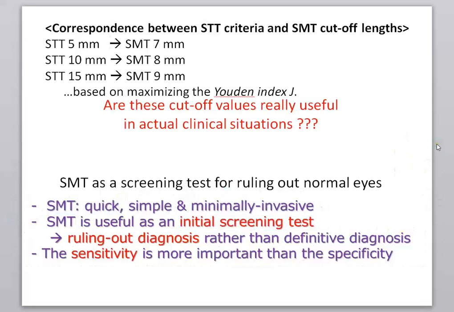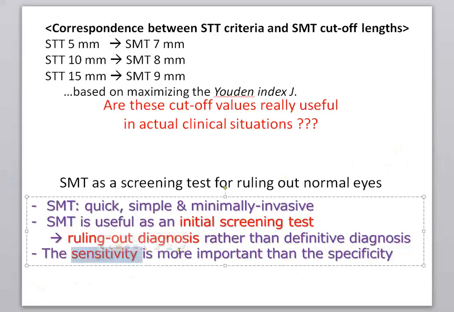It means that we want to find the healthy eyes from many subjects, rather than identifying the tear deficient eyes with this test. In this case, the sensitivity is more important than the specificity value.